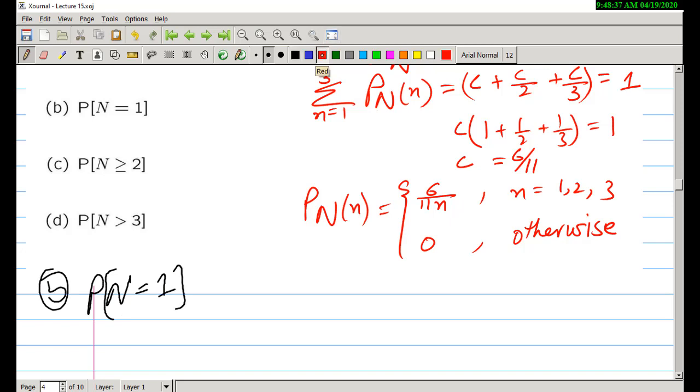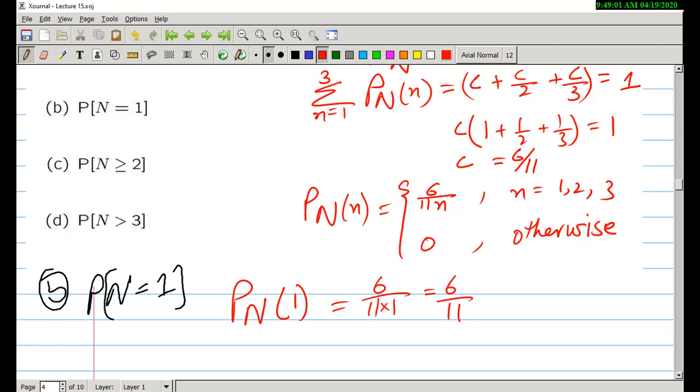It's very simple. We now have the probability mass function completely defined. P_N of 1 we need to find, so we just put 1 here. For n equal to 1 it is 6 by 11 multiplied by 1, so it will be 6 by 11.